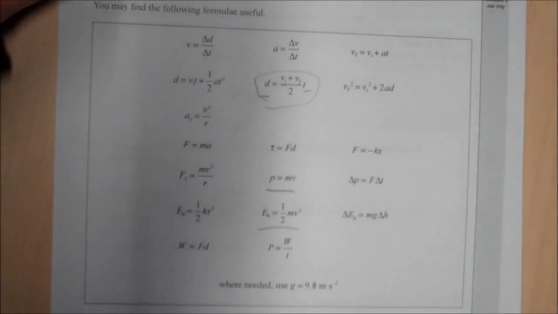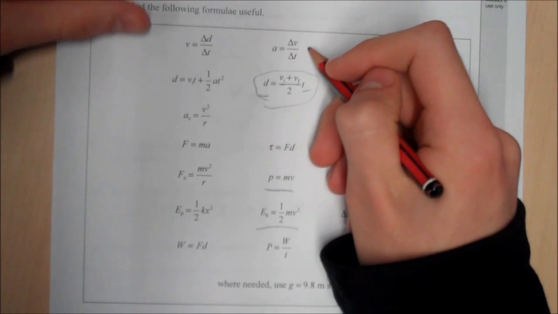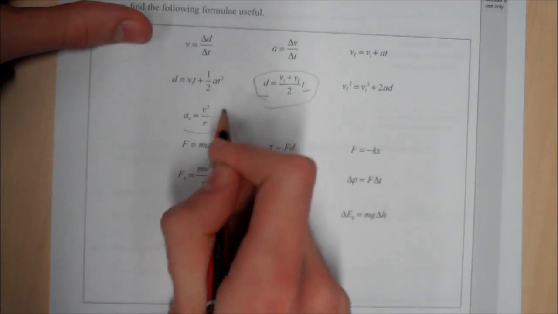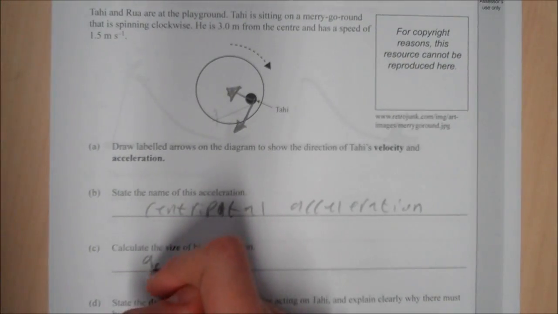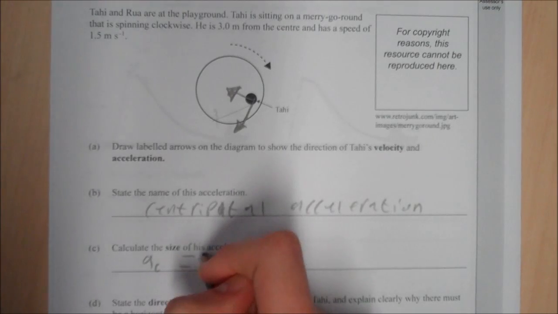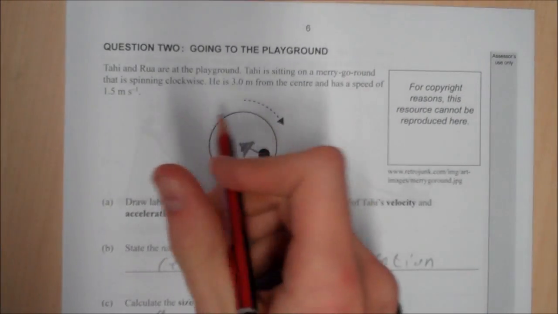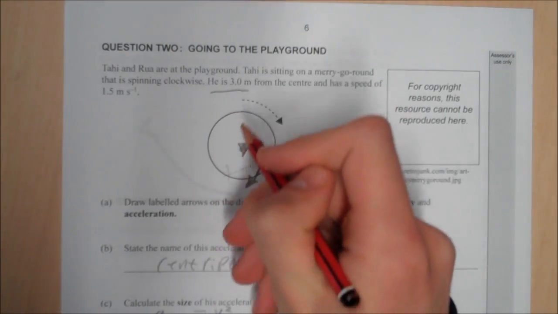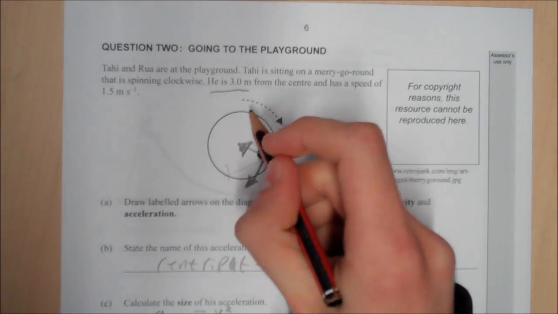Calculate the size of his acceleration. This is the regular acceleration formula, but we're looking for the acceleration formula for centripetal acceleration, which is this one here. So a_c is equal to v squared over r. And both of these are given to us here. We have the radius. This isn't the radius of the circle, but it's the radius of how far he's sitting from the center, so that is the radius that we need to use.